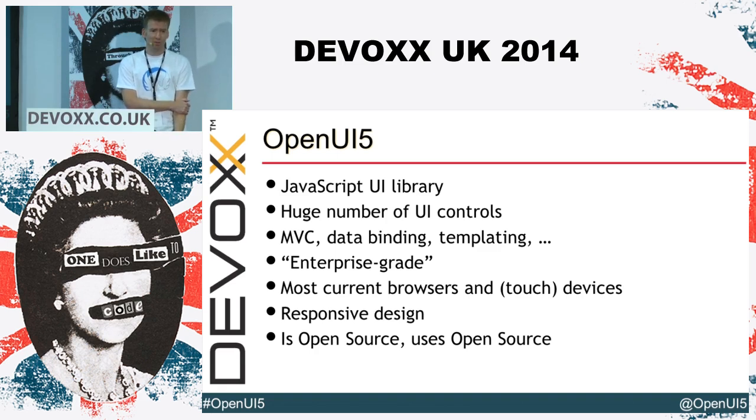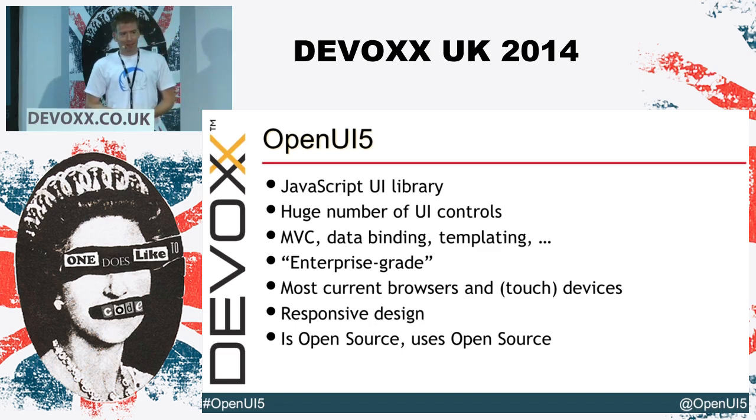So lots of functionality that helps you create big applications. Then because the whole thing is created by SAP, there are also what marketing people would call enterprise-grade features. So it needs to be very robust and support a host of features that we will explain later.